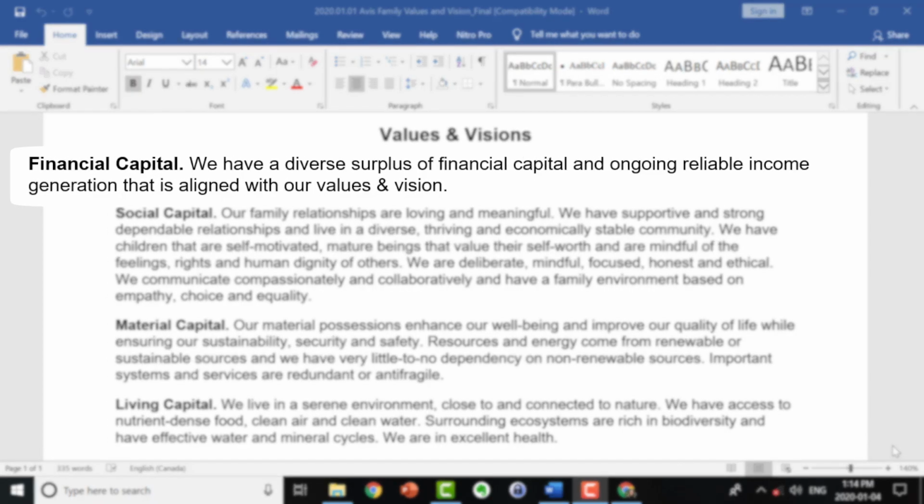One thing you'll notice is this is stated in the positive, as if it already exists that way. And we're being very intentional about describing what that asset looks like, and how we're interacting with it, or how it's interacting in a way that meets our values and vision.